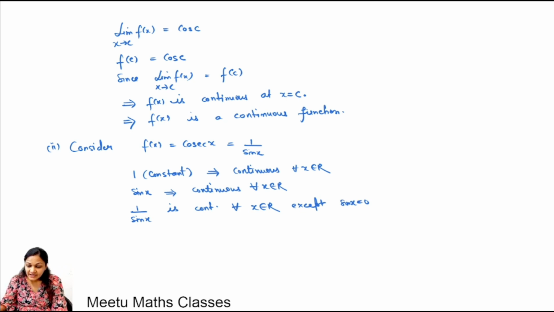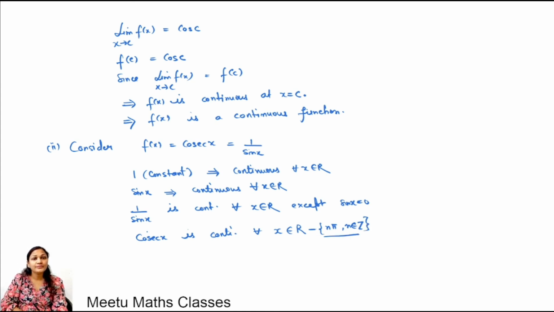Sin x equals 0 when x equals n pi. So cosec x is continuous for all x belongs to R minus n pi, where n belongs to integers. These are the points where sin x equals 0.